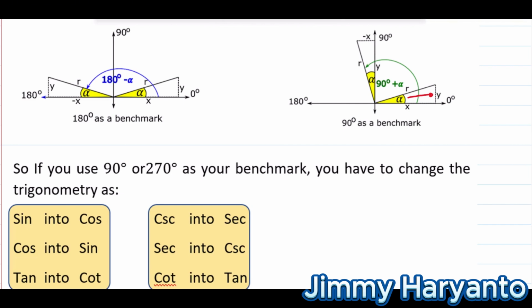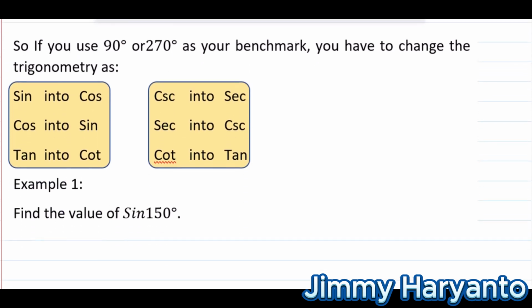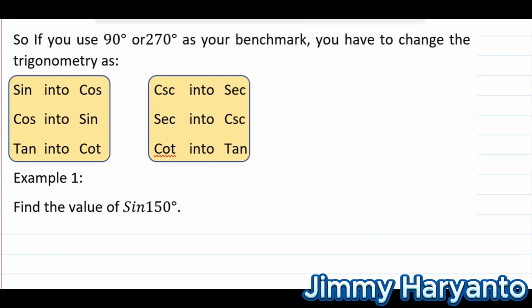Because x and y are swapped, the values of sine and cos will be swapped also. That means if you use 90 degrees or 270 degrees as your benchmark, you have to change the trigonometric ratio as in the following table. Sine will be changed into cos, cos will be changed into sine, tan will be changed into cotangent, and also cosecant will be secant, secant will be cosecant, cotangent will be tangent.